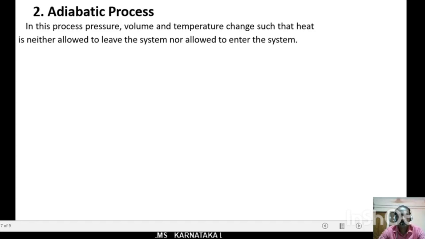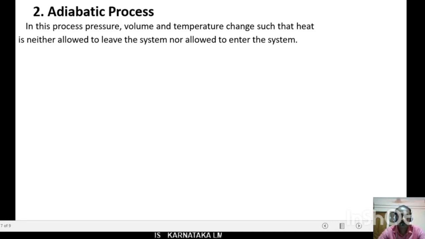The process takes place in thermal isolation, so the heat exchange is equal to 0. Because if you take a perfect gas or ideal gas inside the cylinder, which is fitted with a frictionless piston, the side walls of the cylinder should be perfectly insulating.